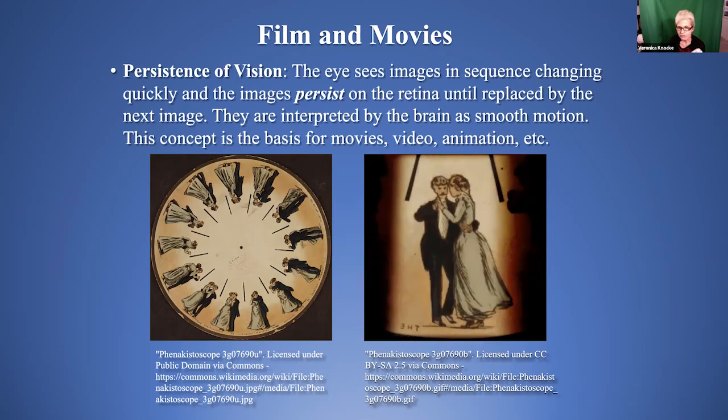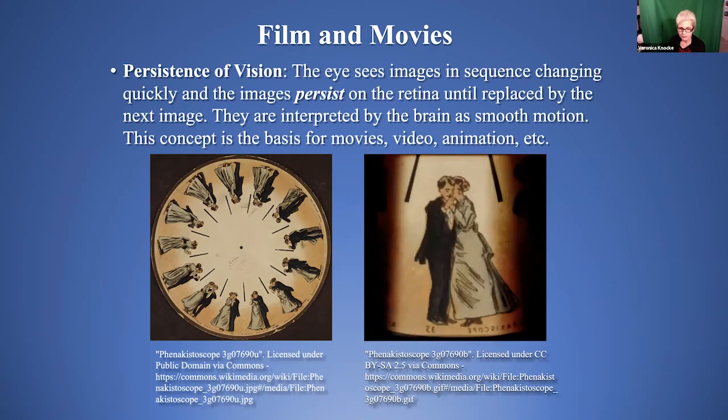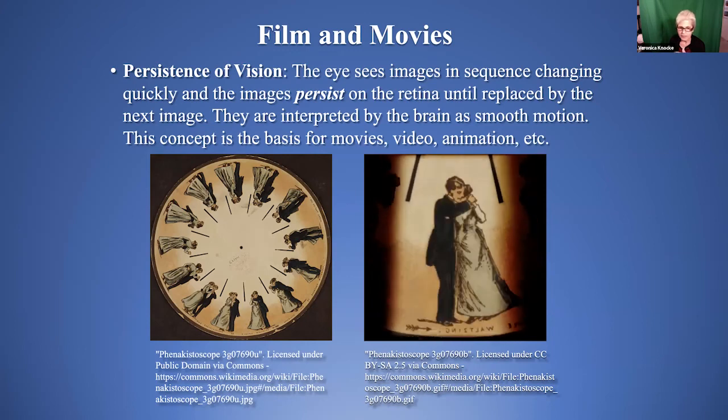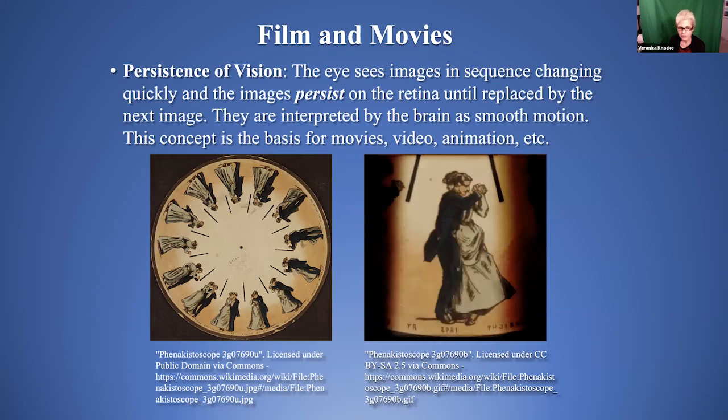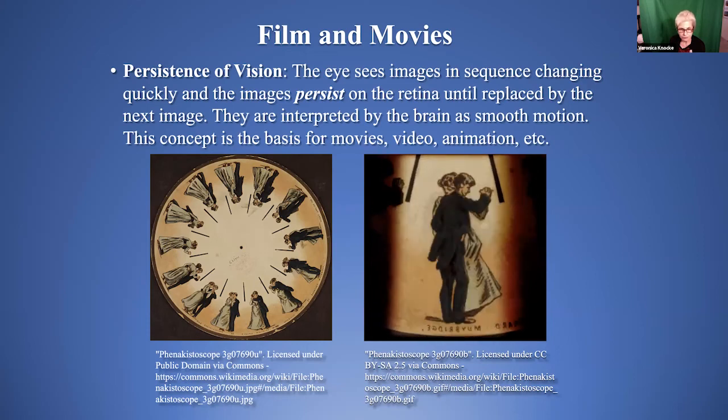One of the earliest types of animation that they invented was a phenakistoscope, which is also called a phantoscope. And this is what it looked like. It was a round disc with images painted around the edge. And then there were slots that you would look through. And there was a pinhole in the middle that you could stick a pin through.